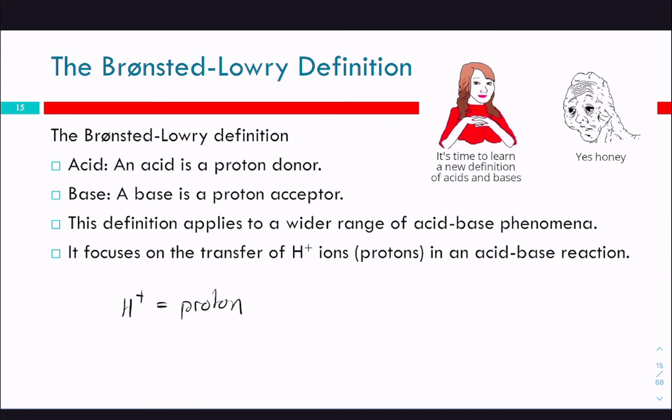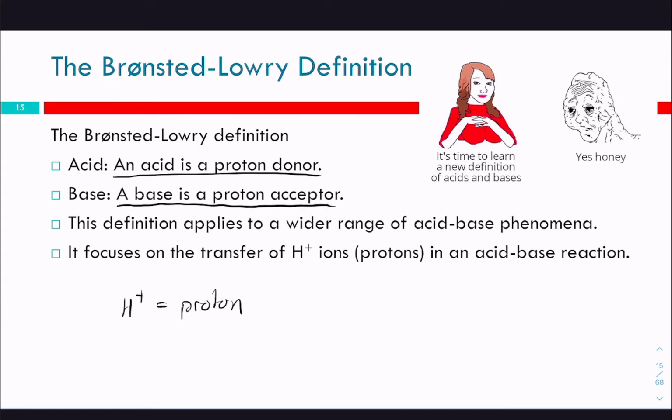So an acid is a proton donor. So in our Arrhenius definition, an acid was anything that added H plus to the solution. So adding H plus, adding a proton, acids are the same for the Brønsted-Lowry definition and the Arrhenius definition. The thing that changes is that a base is a proton acceptor.